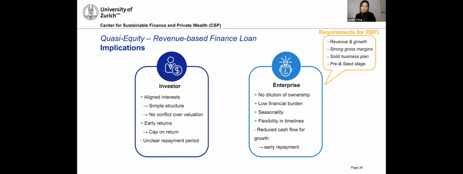And ideally, it also has a plan to grow the revenues in the future. And preferably, there's also a strong gross margin in order to accommodate the loan payments. The credit history, however, is less important for an investor, but it has to show a solid business plan.